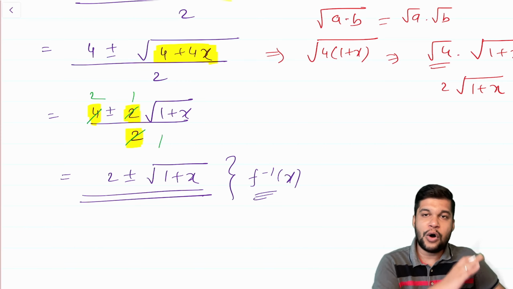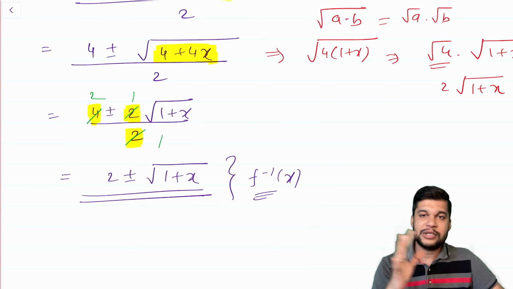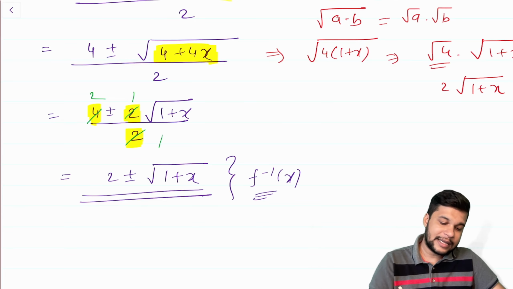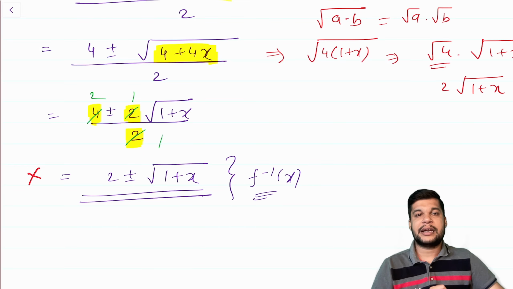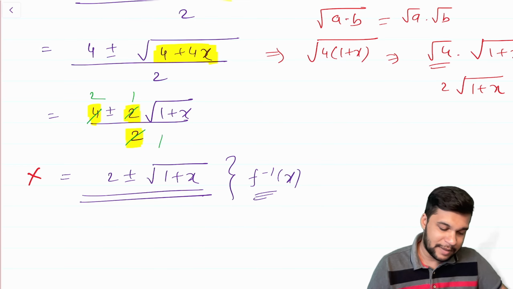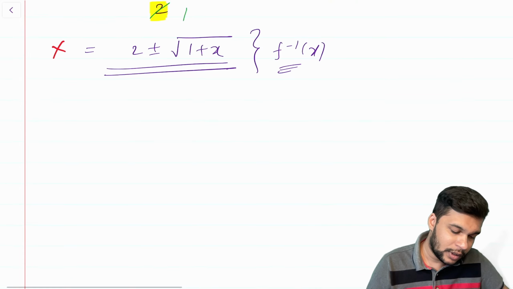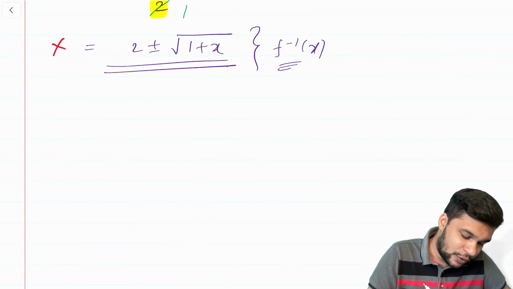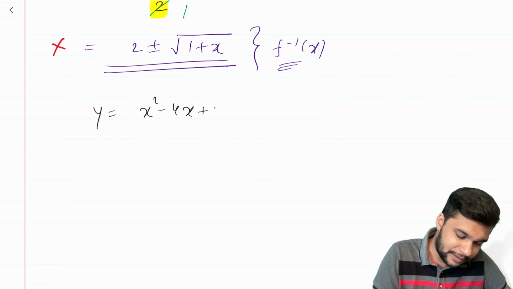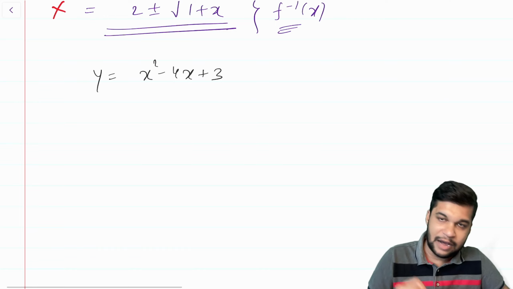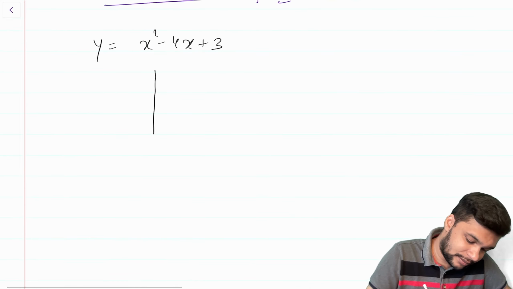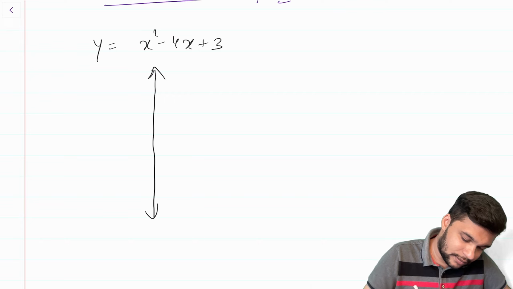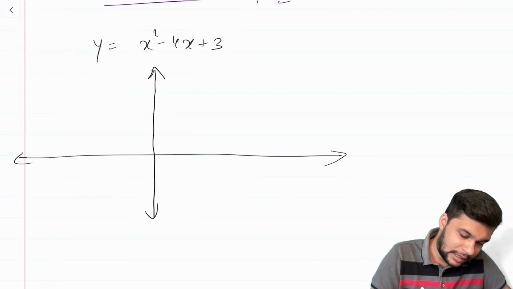So for all real values, if the domain is all real, then in that case, this is not a function. What I mean is, your function was y equal to x square minus 4x plus 3. Let's say this is your y-axis, x-axis and origin.